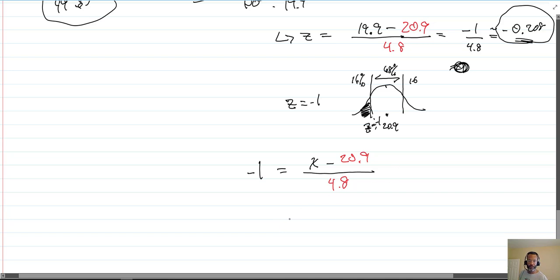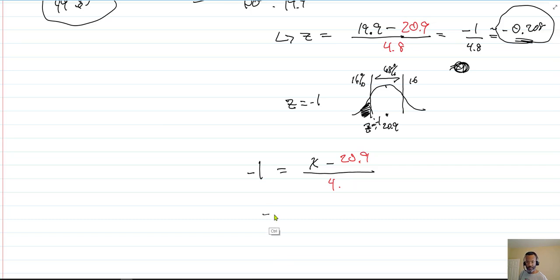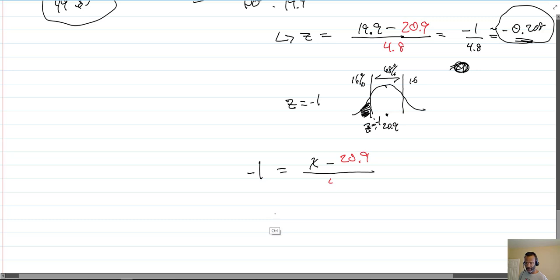We're going to multiply by 4.8 on both sides. And we end up with -4.8 on the left, and we end up with just simply x minus 20.9 on the right.